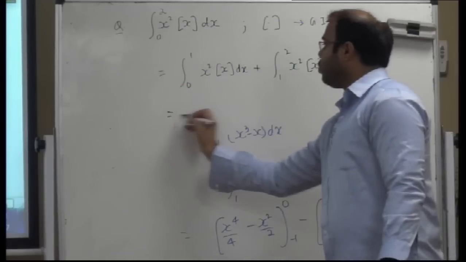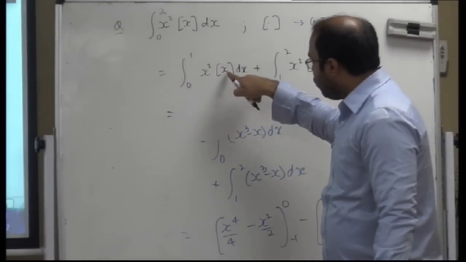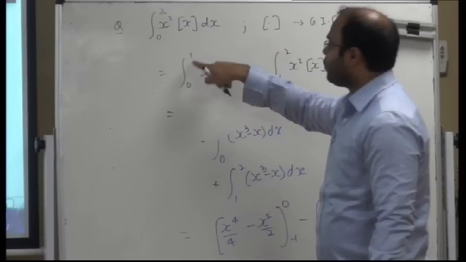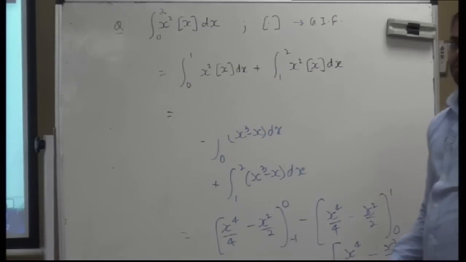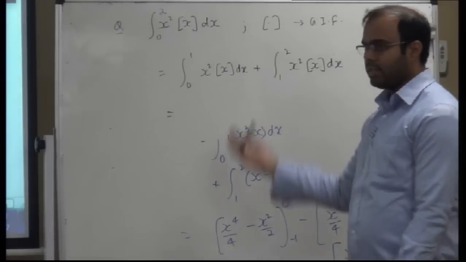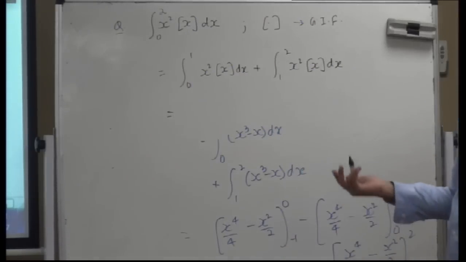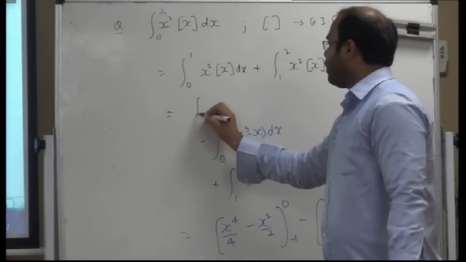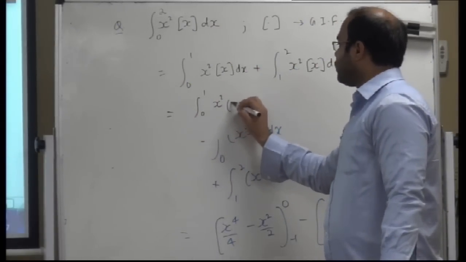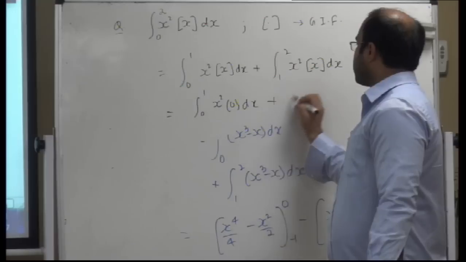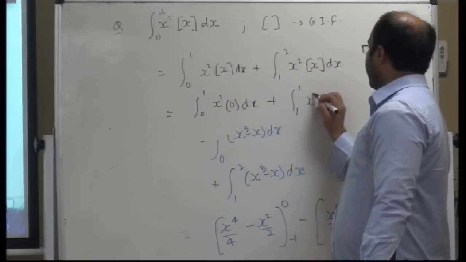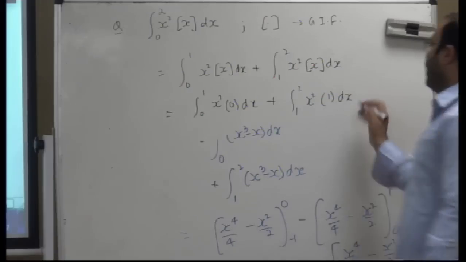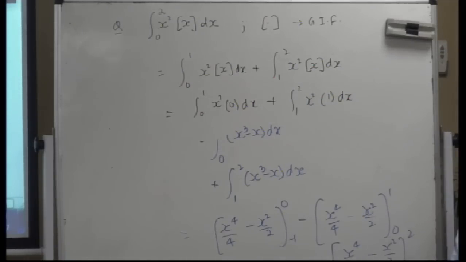Next, what is the value of greatest integer of x when x is from 0 to 1? By definition it would become 0 between 0 to 1. So this would become 0 to 1 x square, this would become 0 dx plus 1 to 2 x square, this greatest integer would be 1, the value between 1 to 2, so this would become 1.